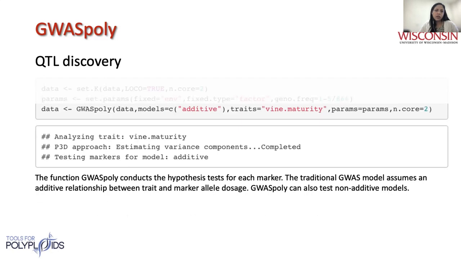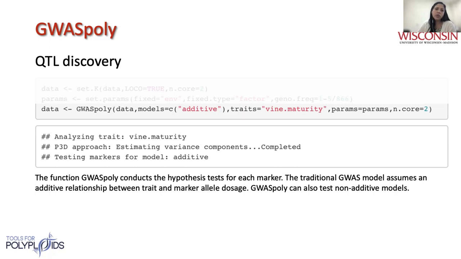And the last part will be to run the function GWAS Poly, which will conduct a hypothesis test for each of the markers that you're analyzing. And the traditional GWAS model assumes an additive relationship between trait and marker allele dosage. But GWAS Poly can also test non-additive models, which you can find in polyploids, such as dominance models for 1 or 2 of the genotypes.